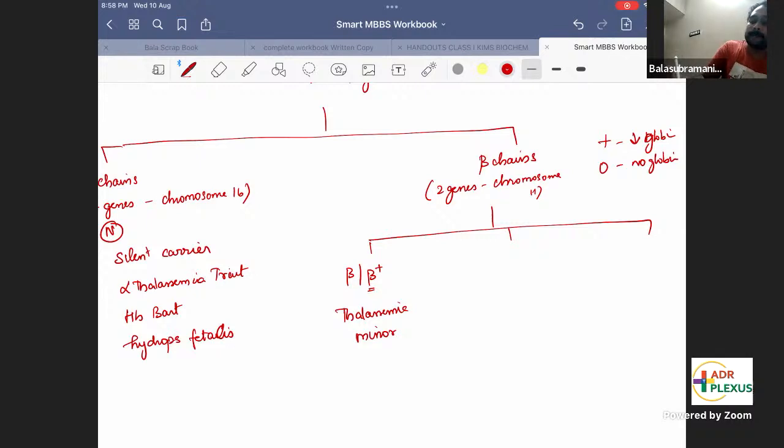The second condition is one of the genes is normal, the other one is not at all producing chain, or both are producing decreased chain. This is called thalassemia intermedia.